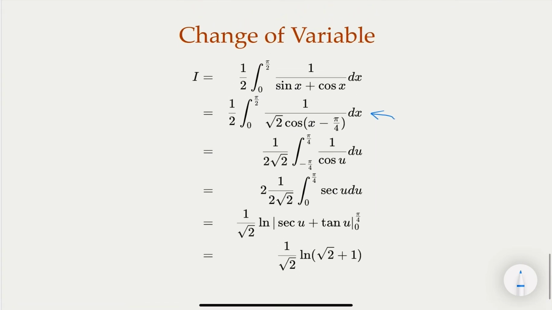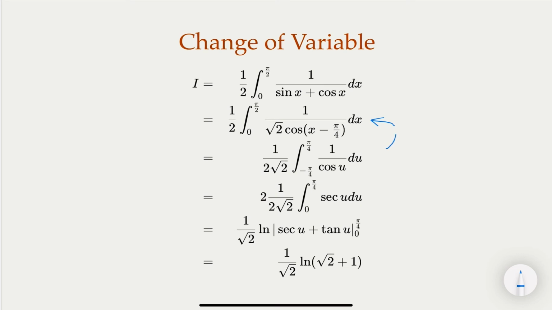So from these steps, you can just change a variable here, let this be u, right? And then du equals dx, and then the range is going to change from negative pi over 4 to positive pi over 4. Now here you notice that this cosine function is an even function, symmetric.